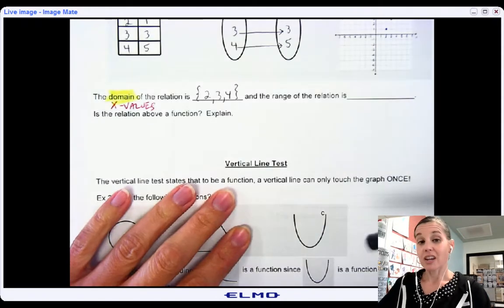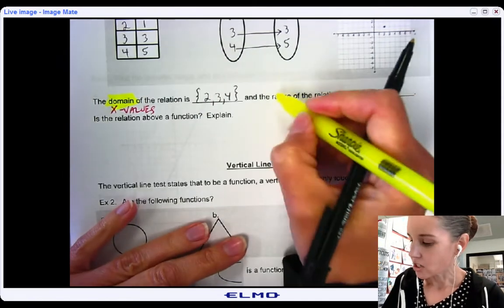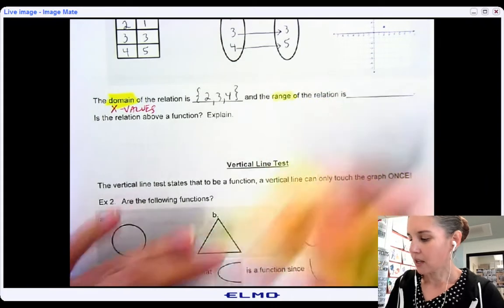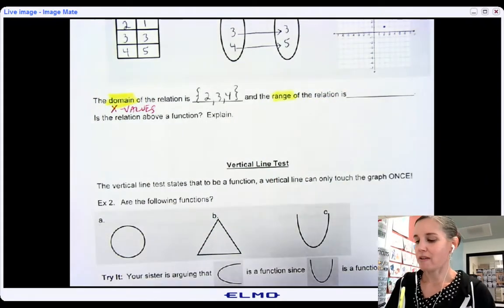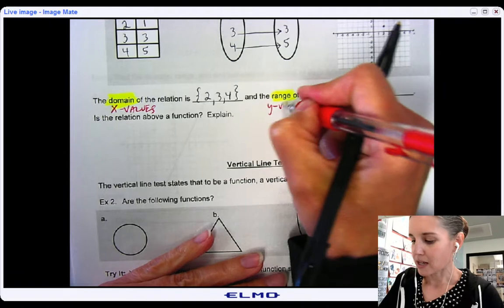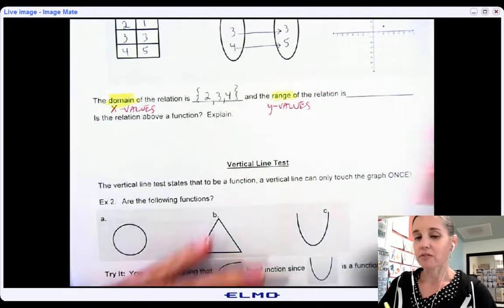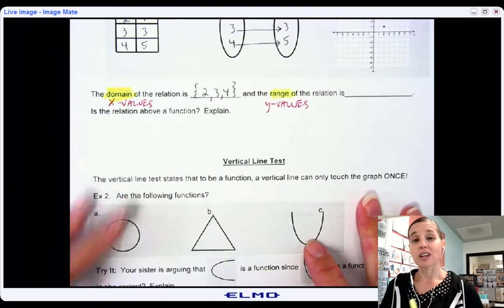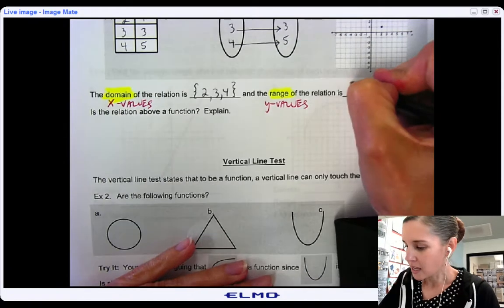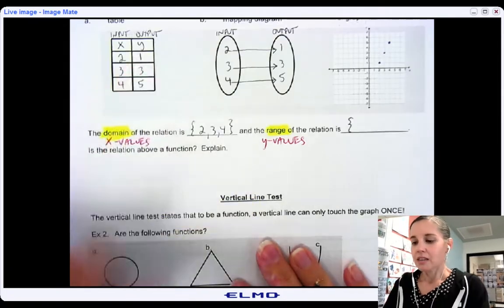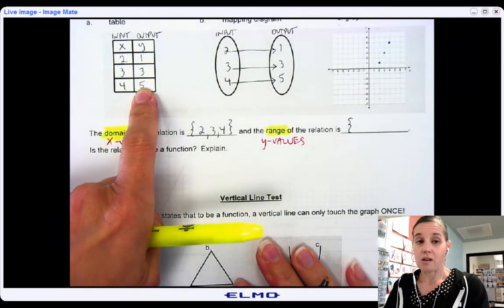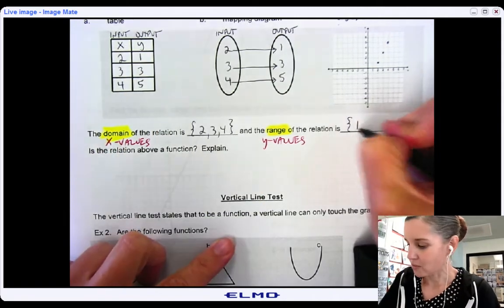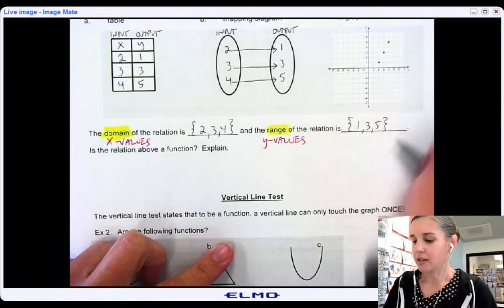Now we go to the range. The range of a relation is the outputs, or the y values. Again, I gave you a set of points, so when you give me the range, you give me a set of values. Our outputs were 1, 3, and 5.